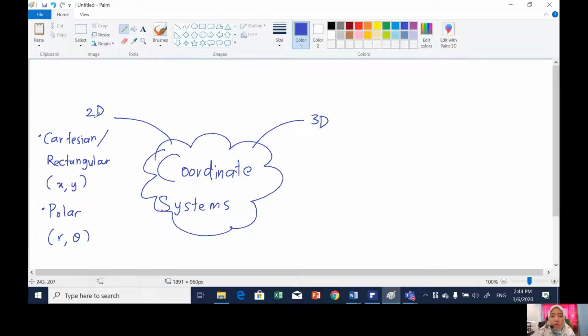Examples of the three-dimensional are the Cartesian, so we have x, y, z. Then we have cylindrical, and we have also spherical.